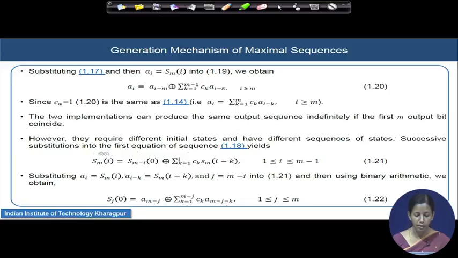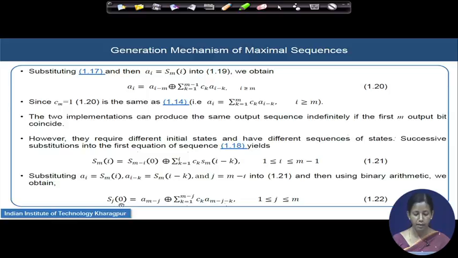If I keep on doing the successive substitutions into the first equation one by one, then when the clock pulse varies from 1 to m minus 1, where m is the number of stages, the expression will look like this, because you are getting XORed with the initial state values of the previous stage, substituting A_i for S_mi, and A_(i-k) equal to S_(mi-k), and so on.